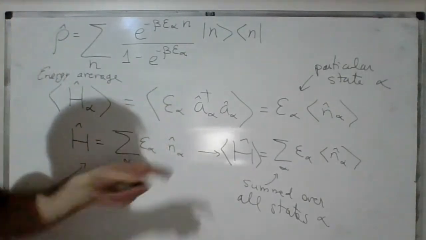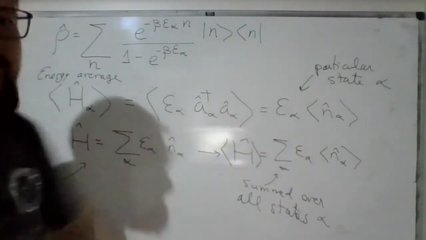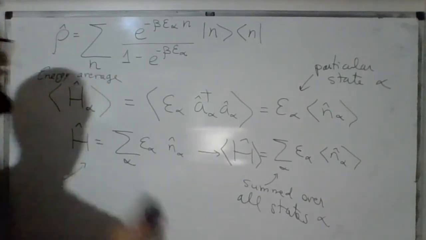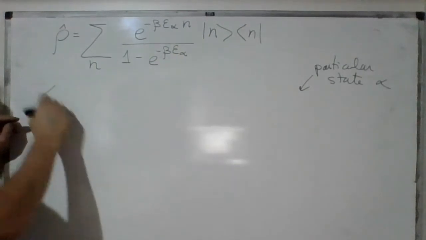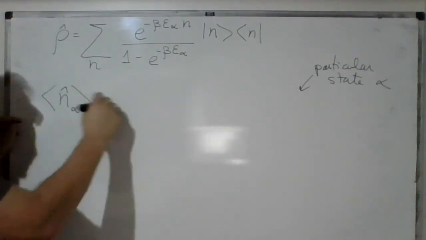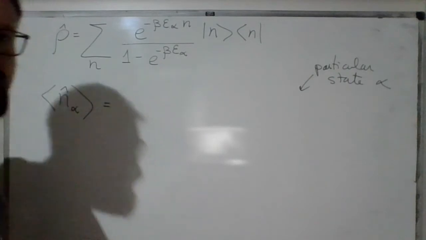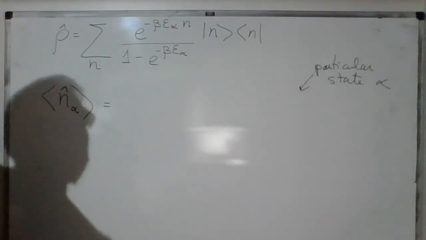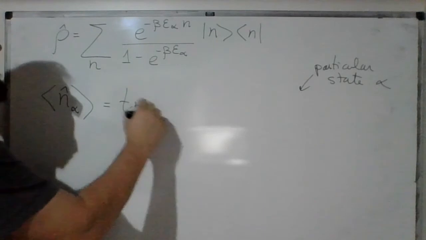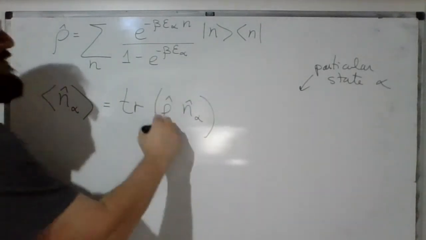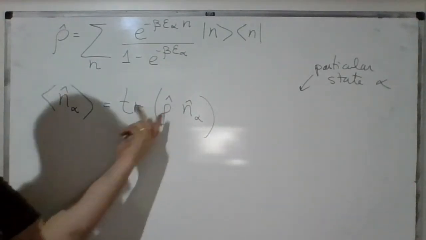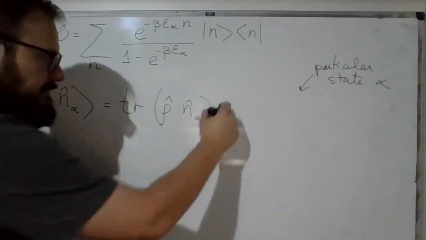Okay, but let us calculate for a particular state the average of the Hamiltonian, the energy average for a given state. To do that, we need to calculate the number average, and this number in the state alpha is just the trace of rho times the number operator, which can be commuted here because the trace has this property.